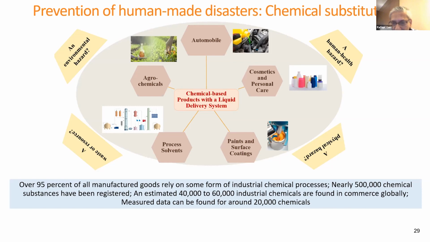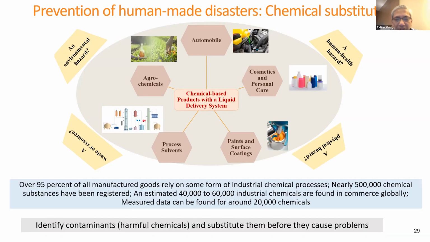Out of this, 40 to 60,000 we can see in different products, identify them, and only 20,000 have actual measured quantitative data. There is a lot of qualitative data, but actual quantitative measured data is only around 20,000. So we need to identify the contaminants, the harmful chemicals, and substitute them before they cause problems.